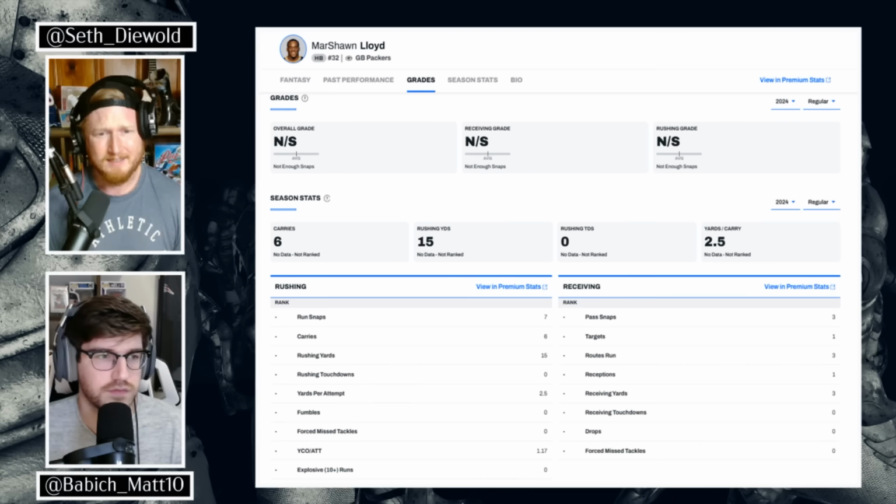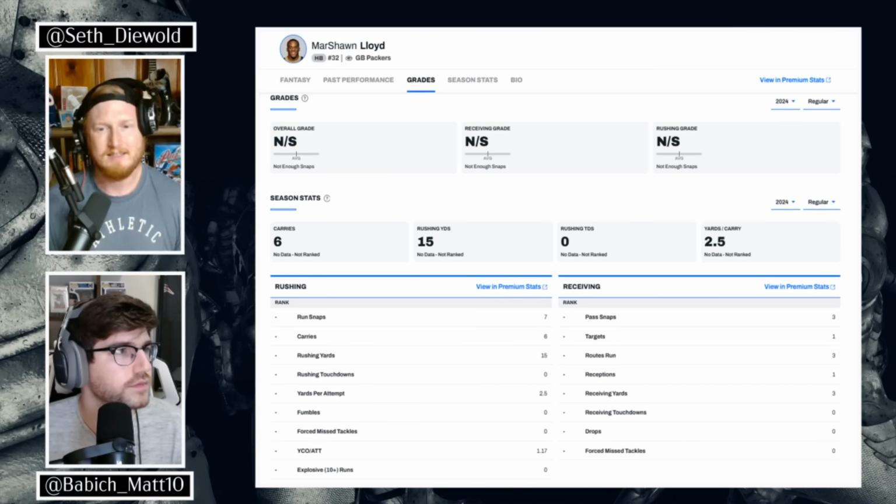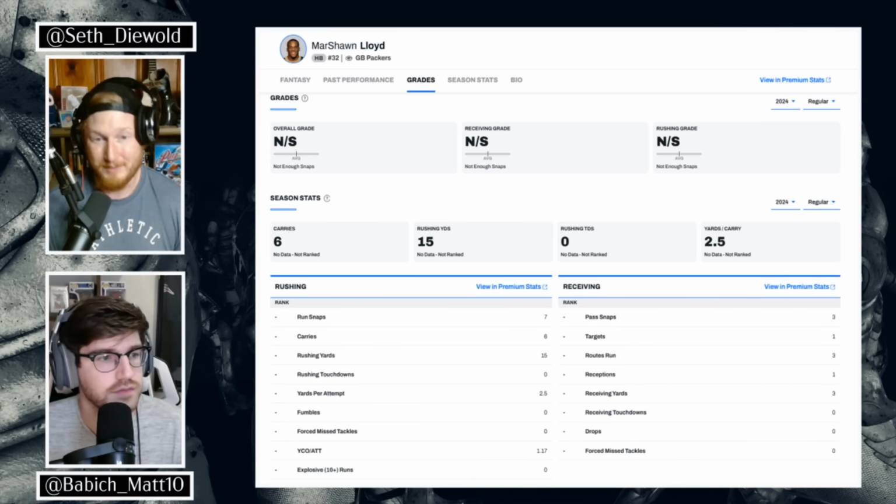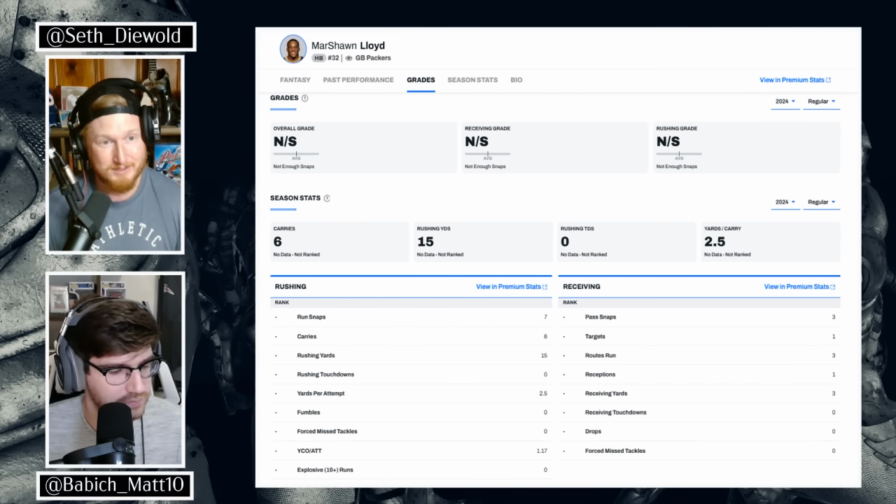And currently, the depth chart sits with Josh Jacobs, obviously at the top. Then it's MarShawn Lloyd, who they took in round 3 last year. And I remember at the time, there were some people, I'm not saying that I'm one of them, that said, oh, this is clearly the heir apparent for the Packers in their running back room.